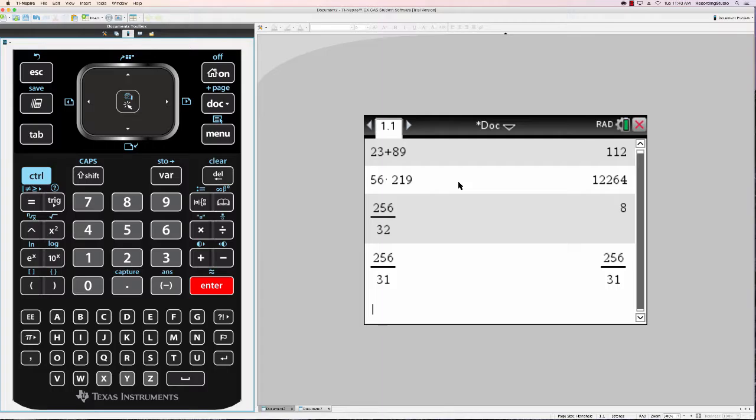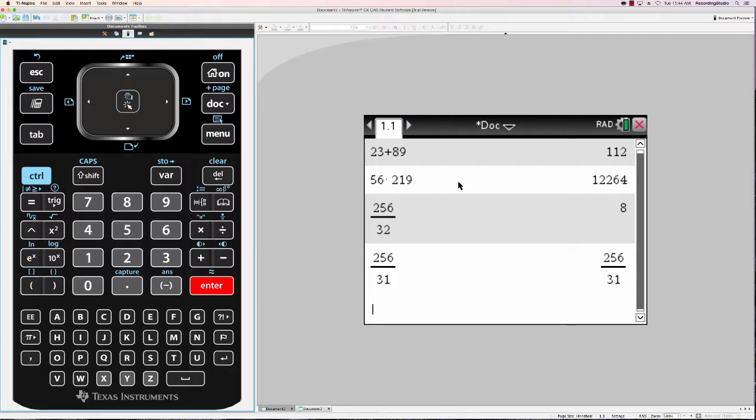On most calculators, you would have received a decimal answer, but the Nspire CAS will give you an exact answer if possible. And the fraction 256 over 31 is the exact answer. If you want an approximate answer, we will show you how to do that later.